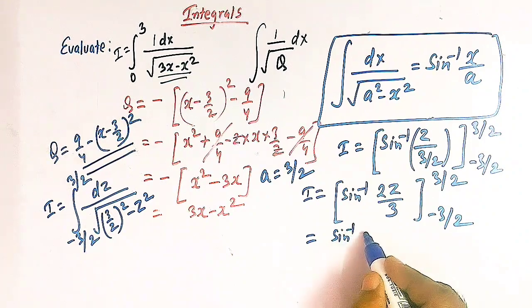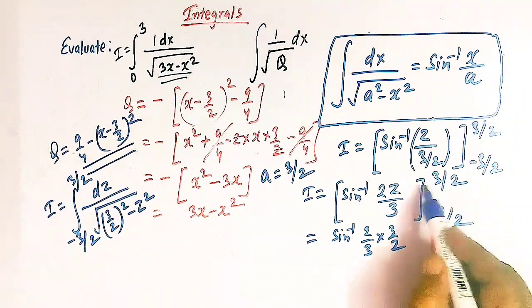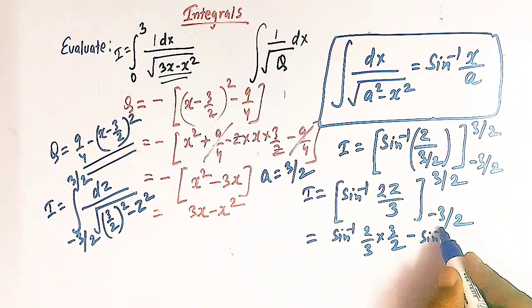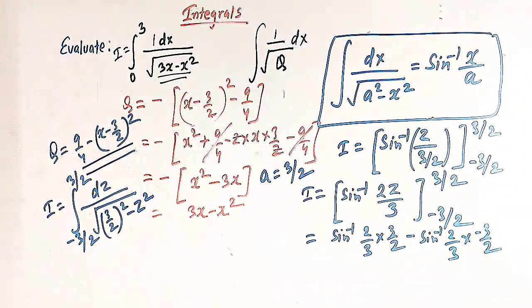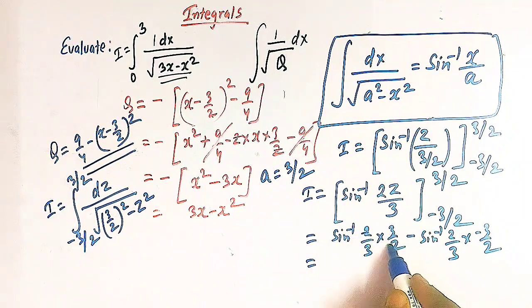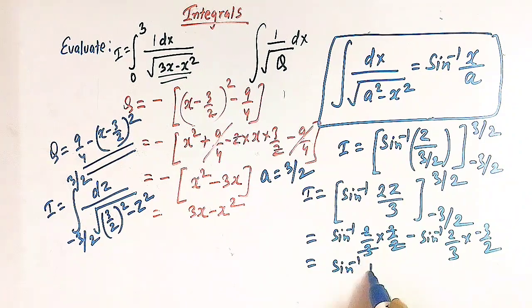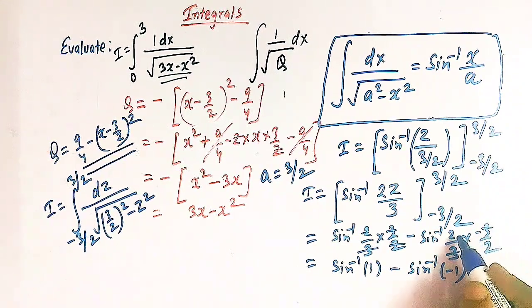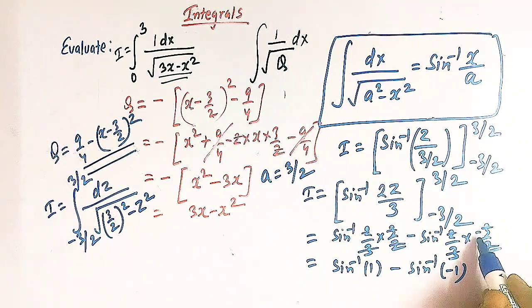So here we have sine inverse of 2/3 times 3/2, the upper limit, minus sine inverse of 2/3 times minus 3/2, right? So 2 and 2 get cancelled, 3 and 3 get cancelled, so we have sine inverse of 1, and here we have sine inverse of minus 1, because we are left with only a minus 1.